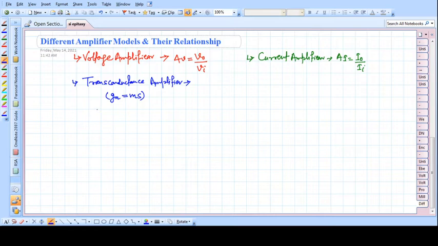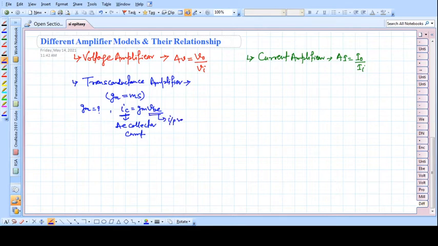In the small signal model I have already discussed, GM is simply such that IC equals GM VBE: the small AC collector current is proportional to the input voltage, that is our VBE.